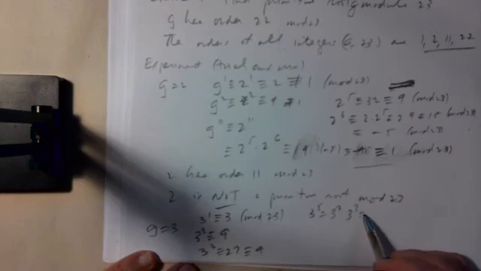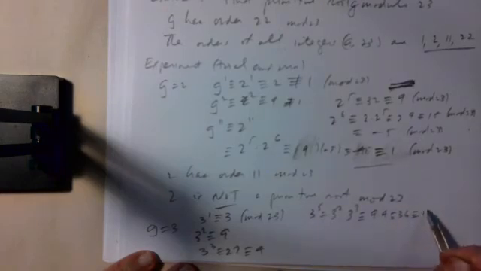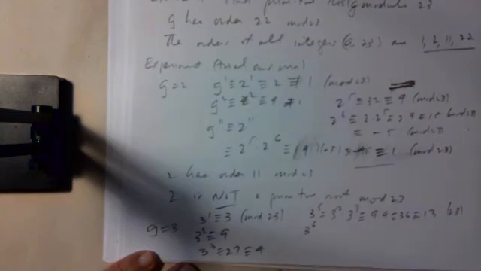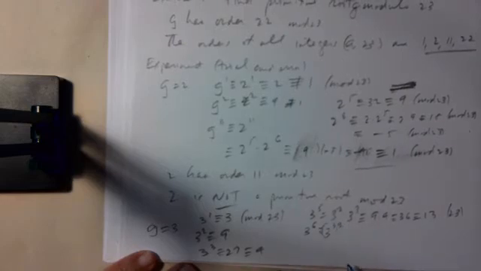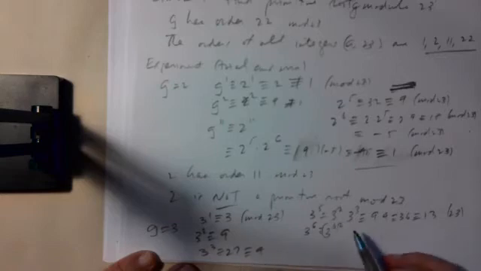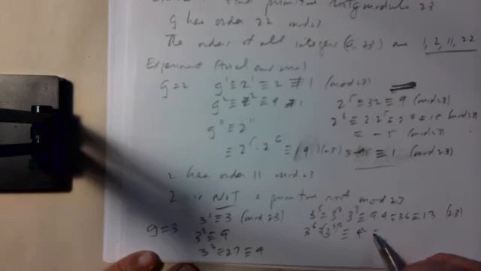That's 9 times 4, which is 36, which is 13 mod 23. 3 to the 6th power is like 3 cubed squared, because 3 times 2 is 6. 3 cubed is congruent to 4, so that's 4 squared. That's 16 mod 23.